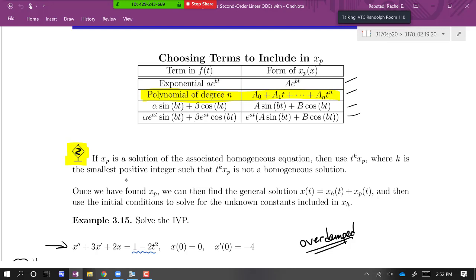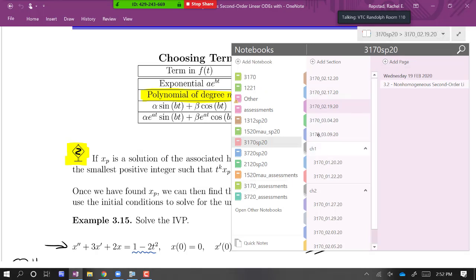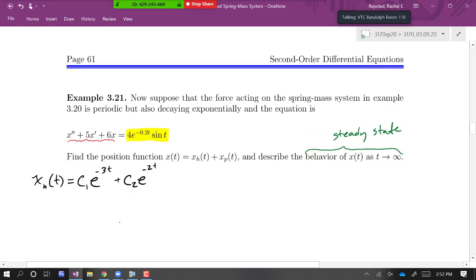So now, if we think about our forcing function here, we just keep taking the derivative of this forcing function, 4e to the minus 0.2t times sine t.